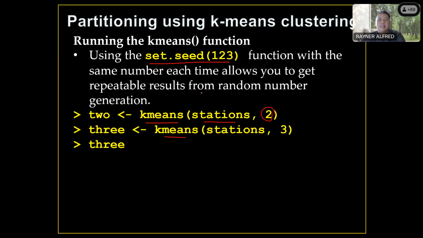That means you can repeat your experiment. But if you do not want the same centroid, you can ignore this. So just type k-means, your data, and the number of k. Very easy. But since you already know what happens behind the scenes, you can imagine how it works.